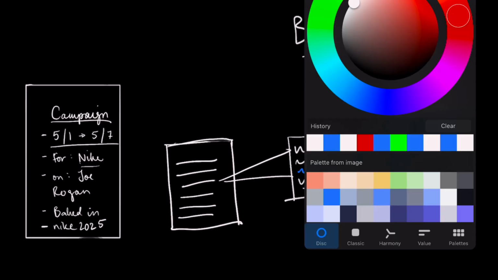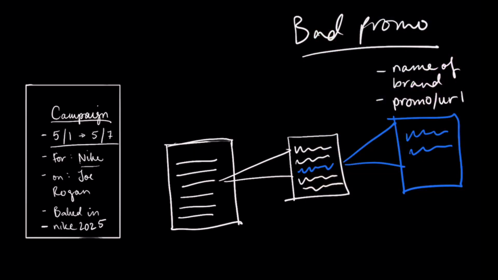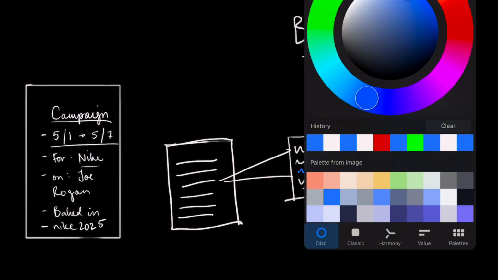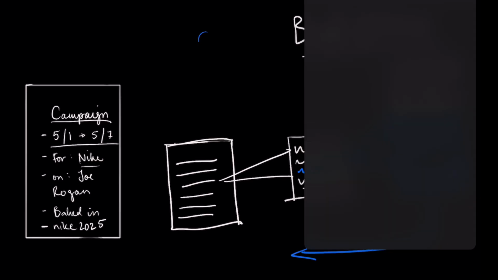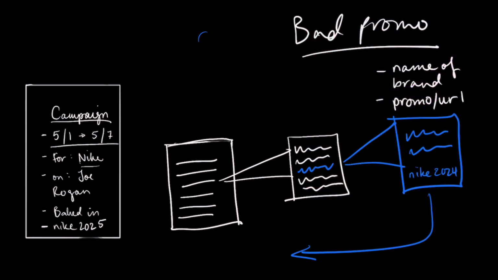So if we detect the ad as saying Nike 2024, maybe Joe Rogan read that incorrectly, our system will then take that and compare that with the promo code used in the campaign. And if it notices that there's a difference between the two, it'll mark that as bad promo. That's how that is used.